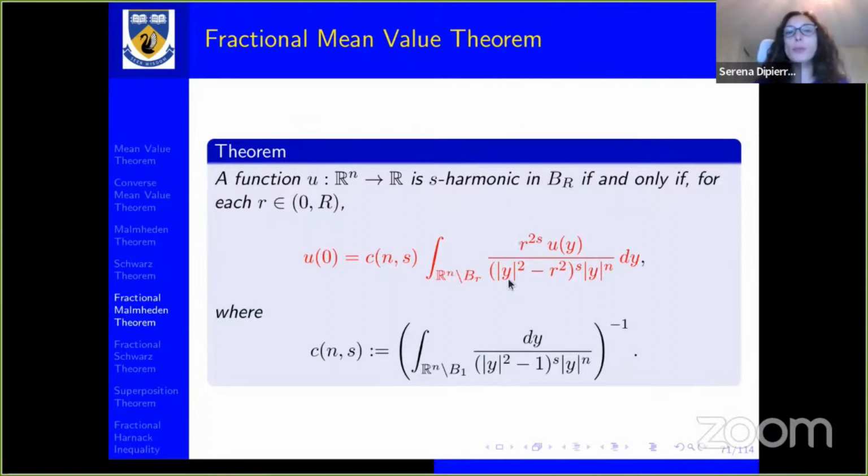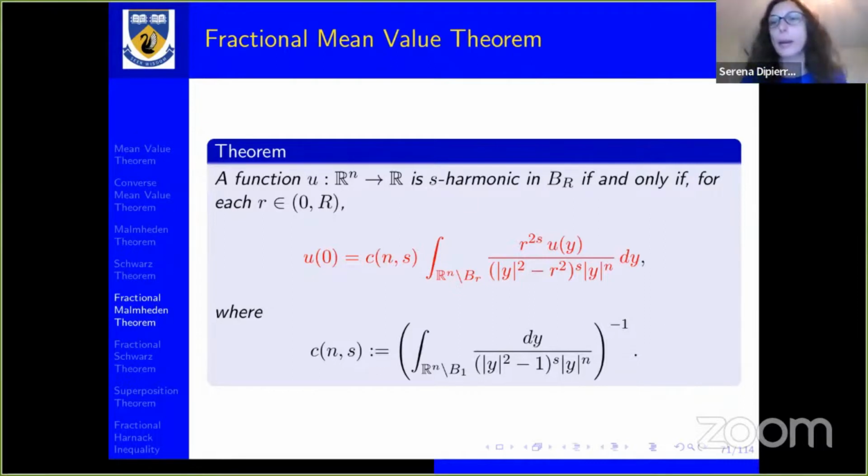The fractional mean value theorem is slightly different from the classical one, essentially for two reasons. One is that we have to integrate not just on the boundary of the ball, but in the complement of the ball, because a classical Dirichlet problem in the fractional setting would not have a boundary datum, but rather an exterior datum.